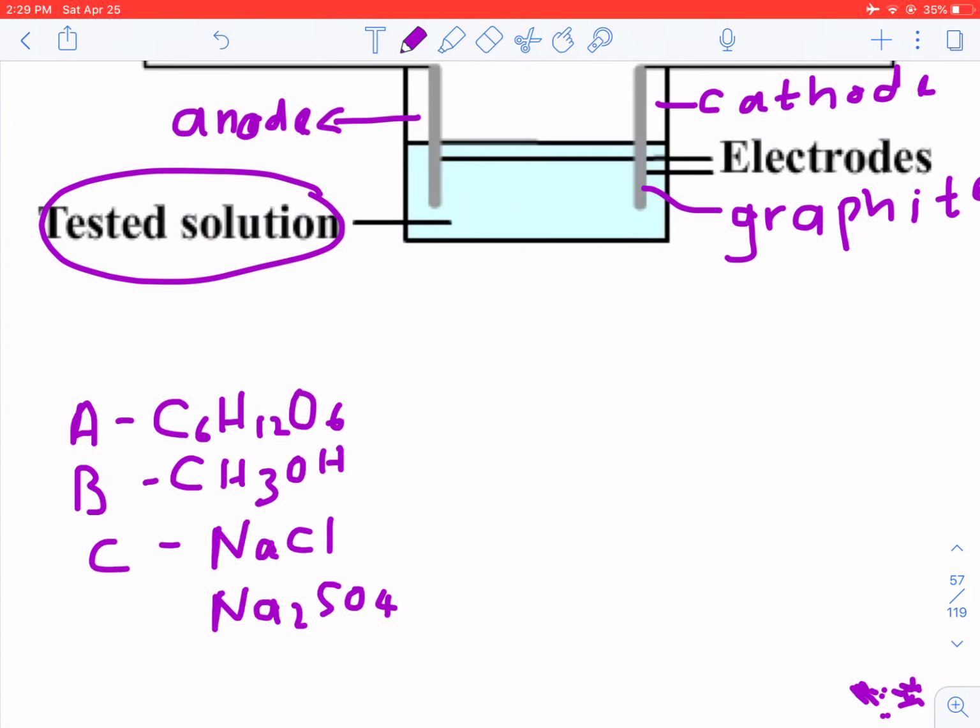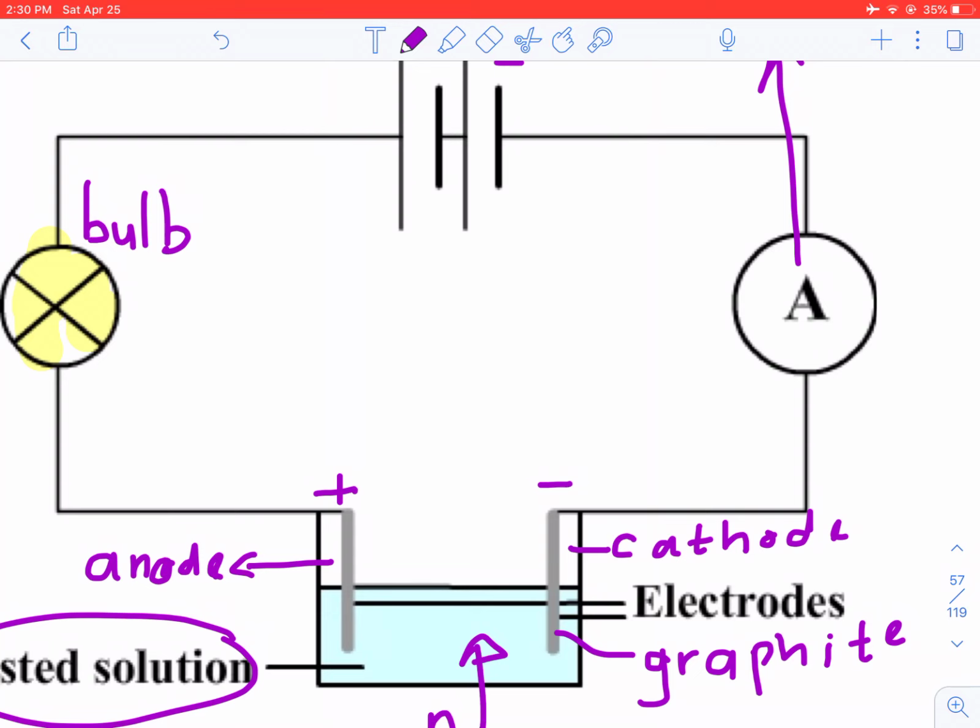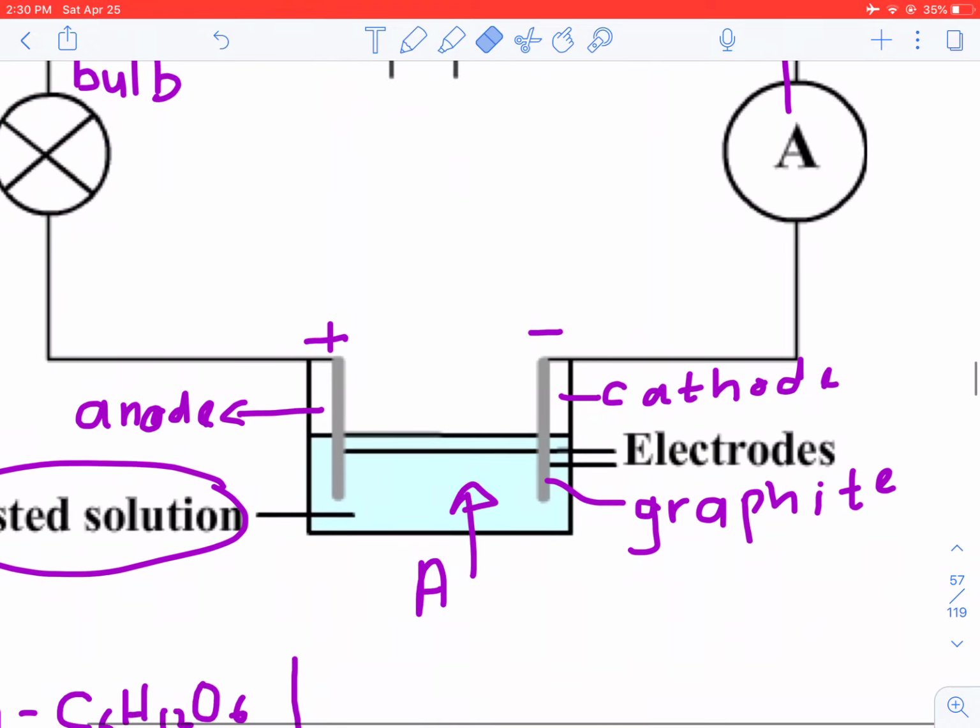I have A dissolved in there, sugar, and I look at my ammeter and I see no reading, and my bulb hasn't lit up.